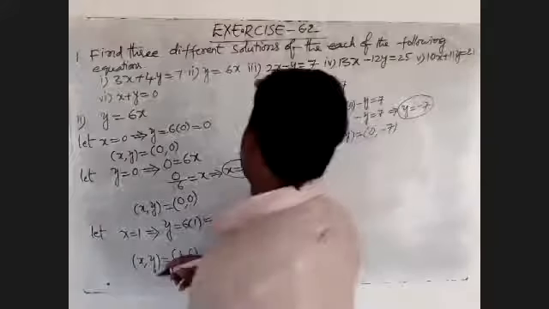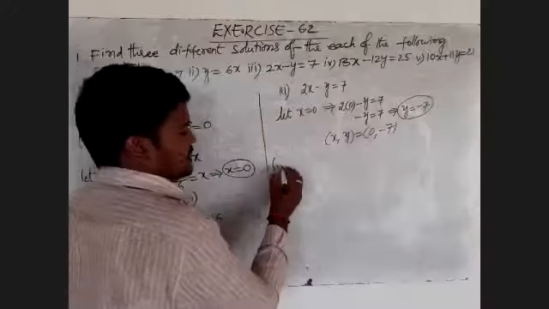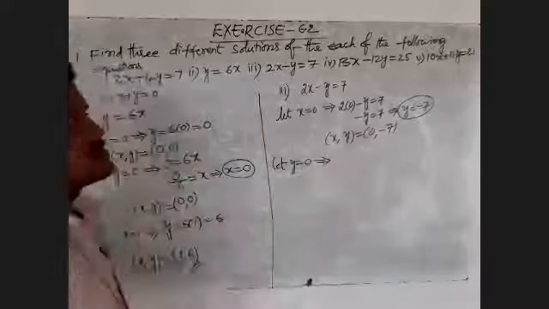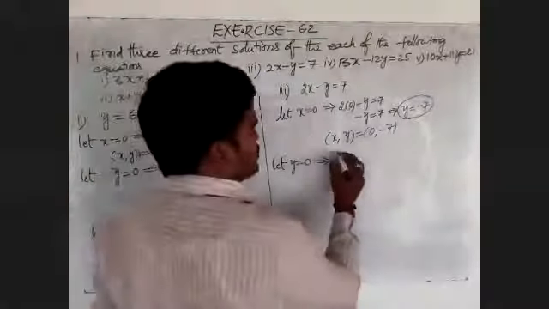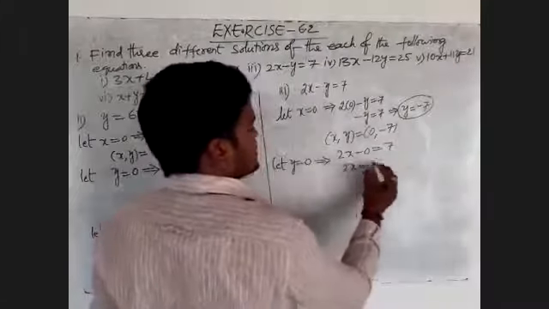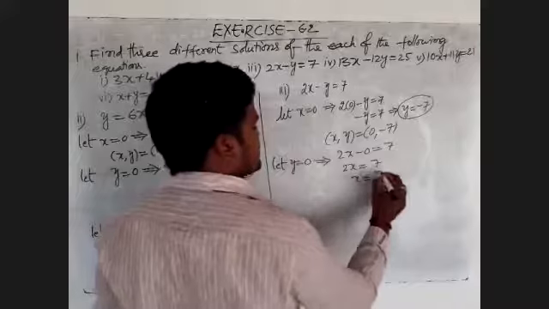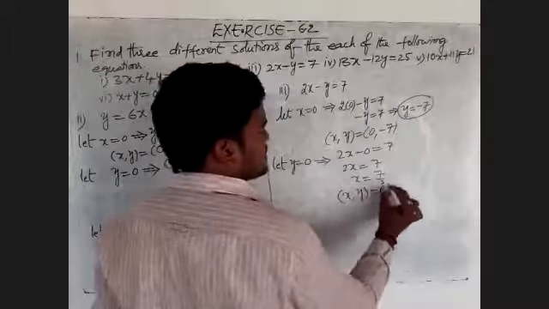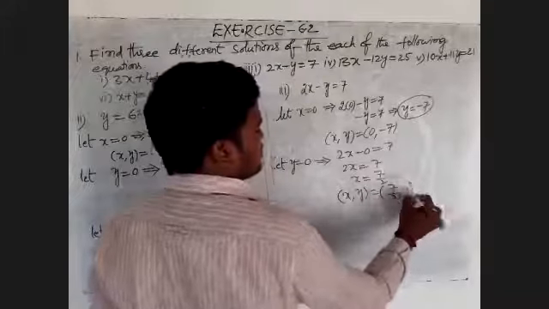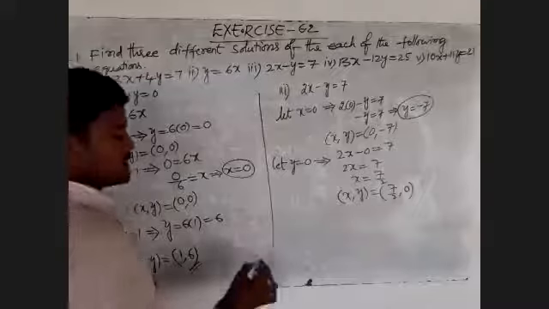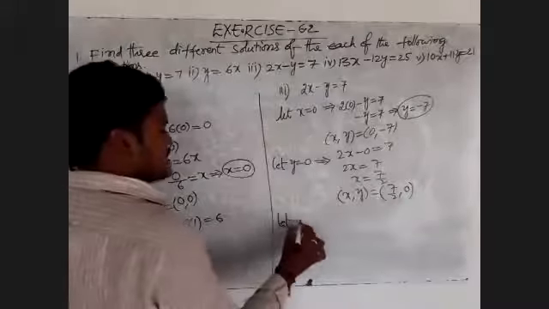Next point, let y is equal to 0. Then 2x minus 0 will be 7, so 2x is equal to 7, and x is equal to 7 by 2. That is the point (x, y) is equal to (7/2, 0). Now the next one, let x is equal to 1.